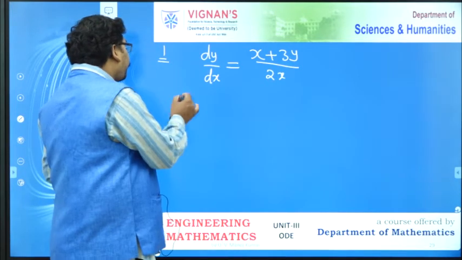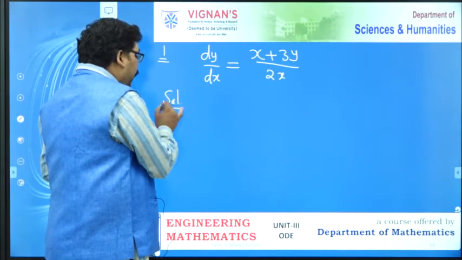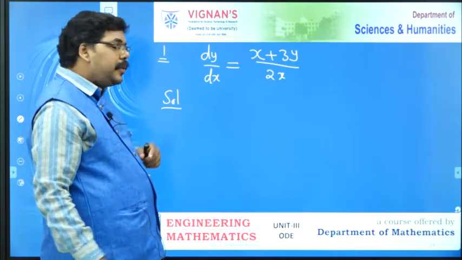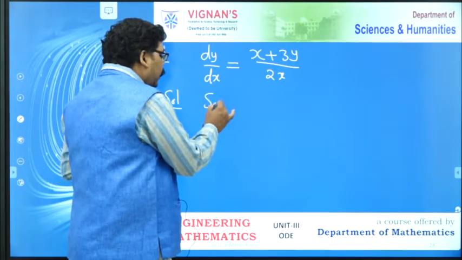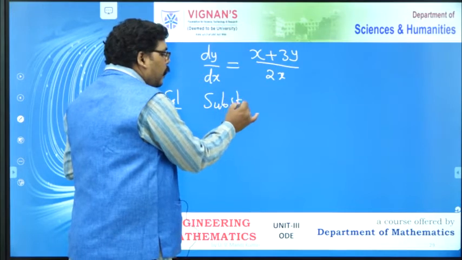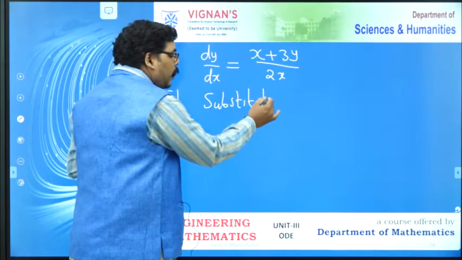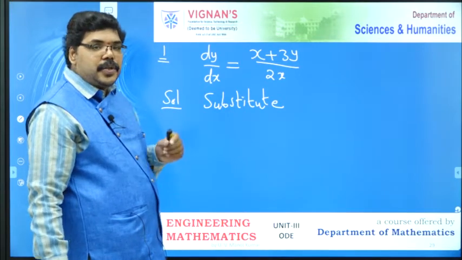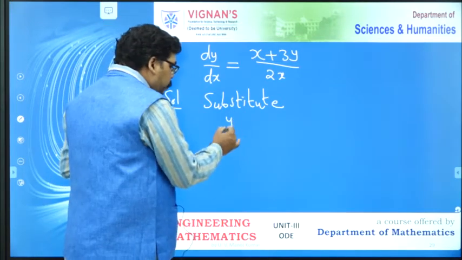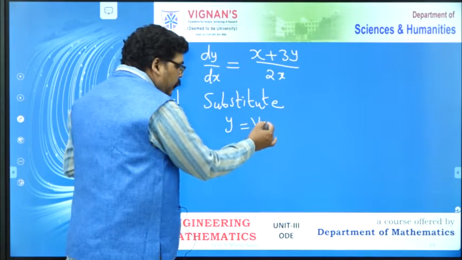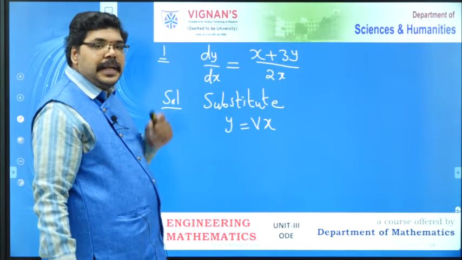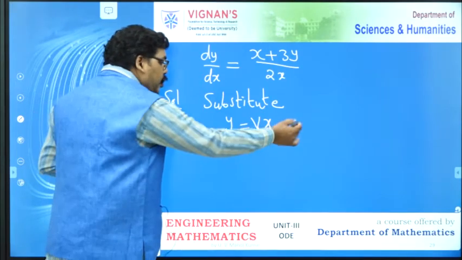So how to find the solution? We need to substitute y equals vx. When you substitute this, differentiate this relation on both sides.